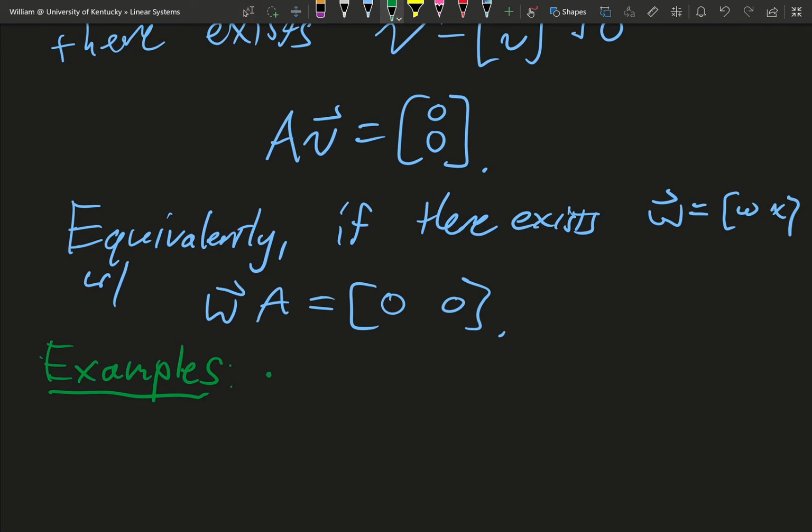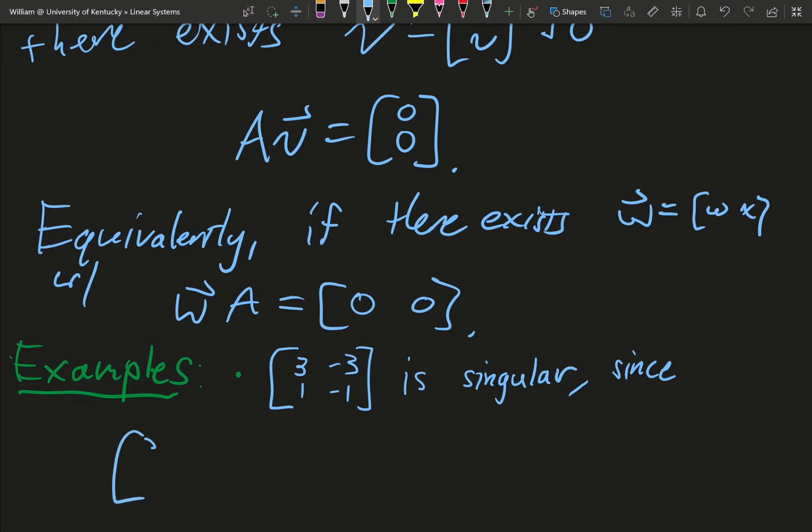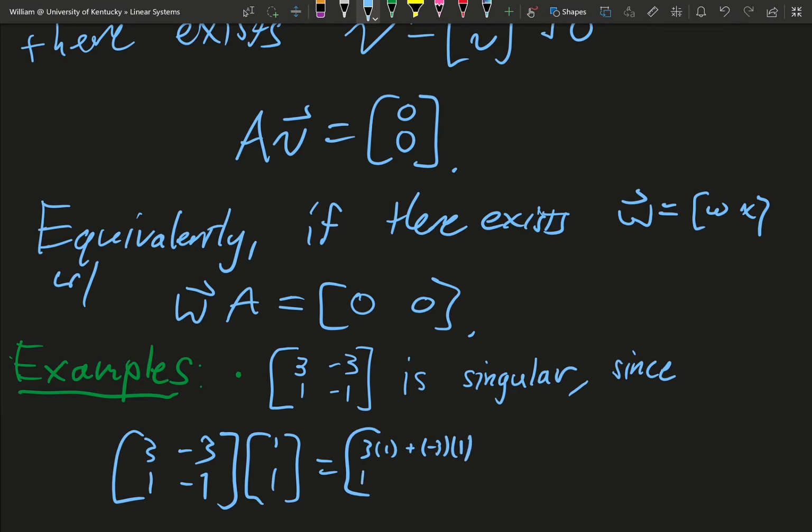Okay. So, for instance, [[3, -3], [1, -1]] is singular since [[3, -3], [1, -1]] times the vector 1, 1, I get 3 times 1 plus -3 times 1, and 1 times 1 plus -1 times 1.